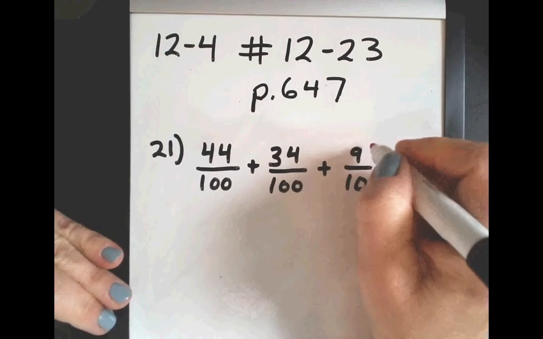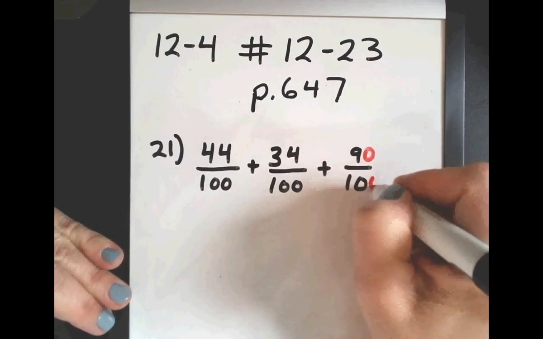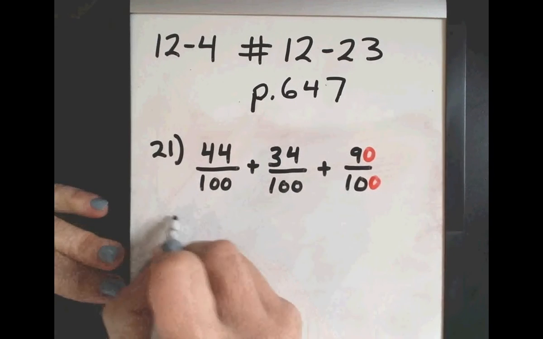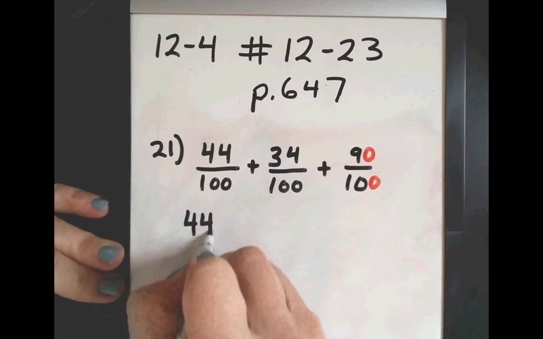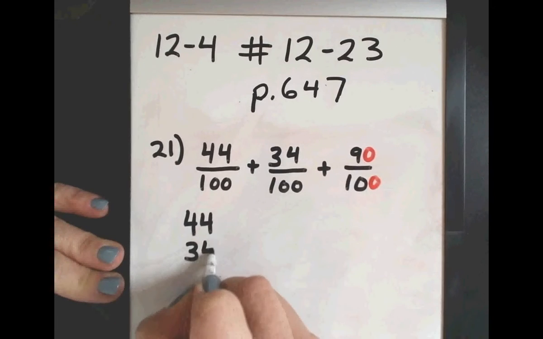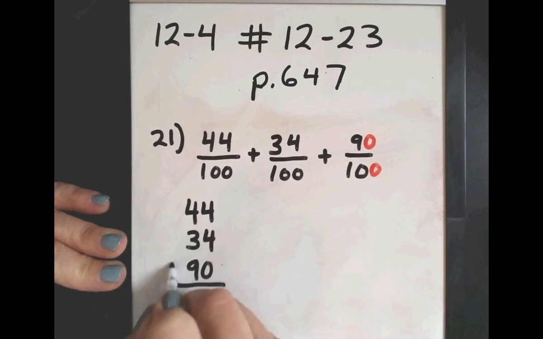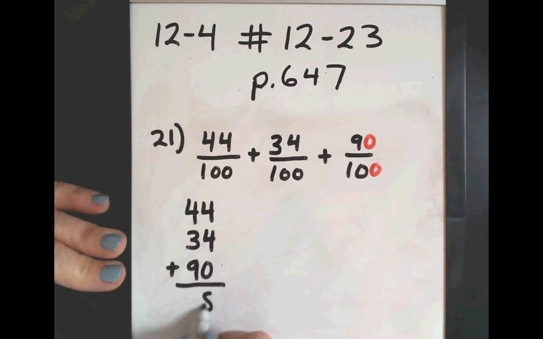So I need to change the 9/10 into hundredths, so that becomes 90 hundredths, and then I'll add these three numerators off to the side. 44 plus 34 plus 90.